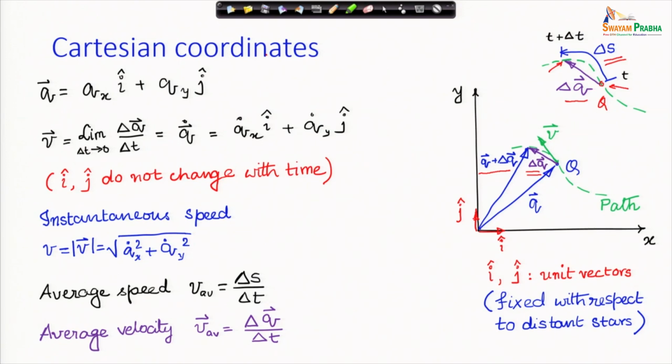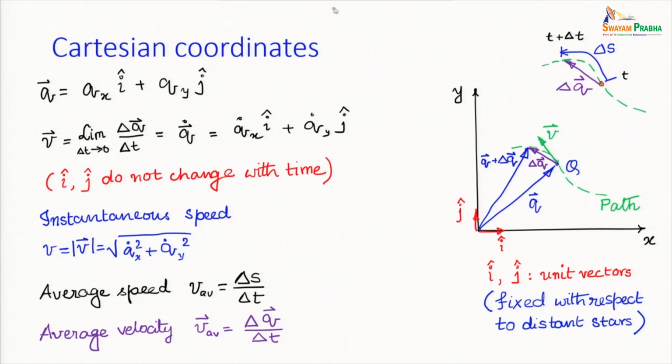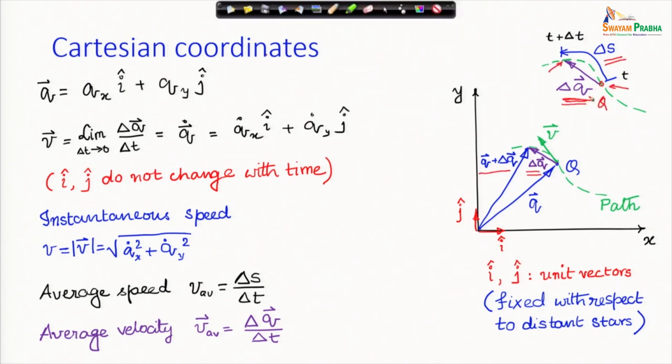So, average velocity is the displacement vector delta q by delta t, and this displacement vector can be a finite quantity, and delta t also can be a finite quantity. So, that is average velocity.